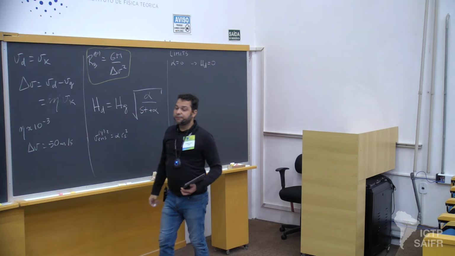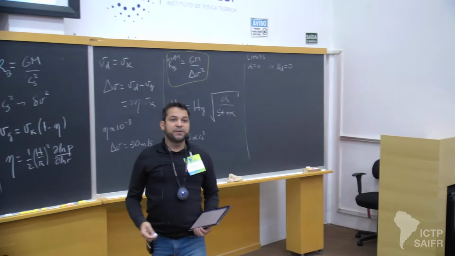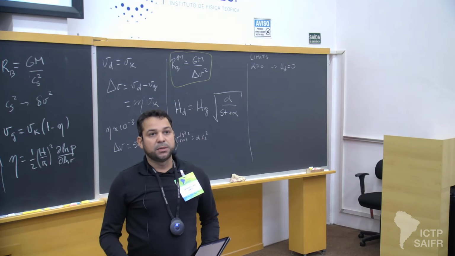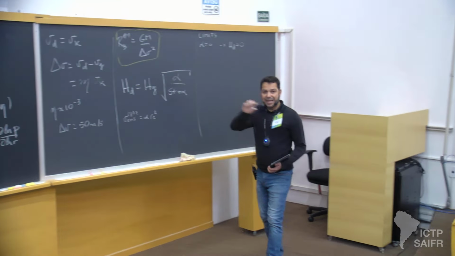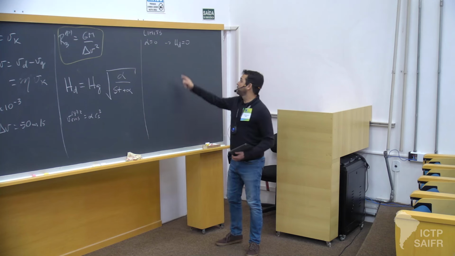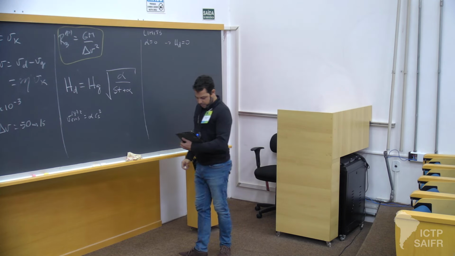What does that mean? With no diffusion, there is nothing to stir up the dust, so it will settle to the mid-plane with a scale height equal to 0.